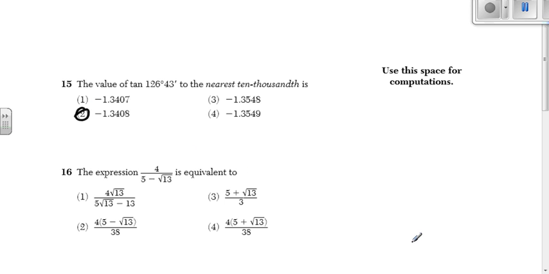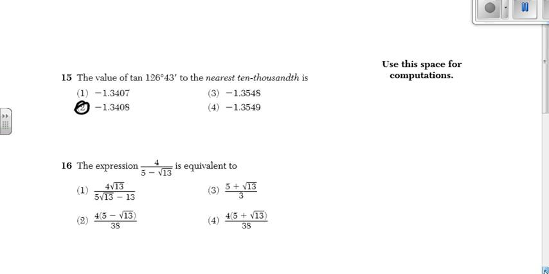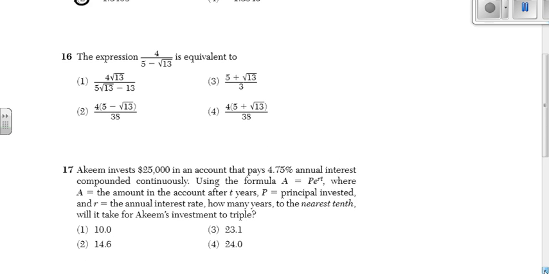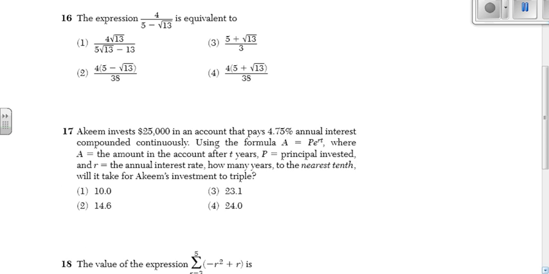The expression is equivalent to... when we do that question, we have to multiply through by the conjugate. So remember, your conjugate is the denominator. I'm going to change the sign. So that's really going to be 5 plus radical 13, and 5 plus radical 13 in the numerator.